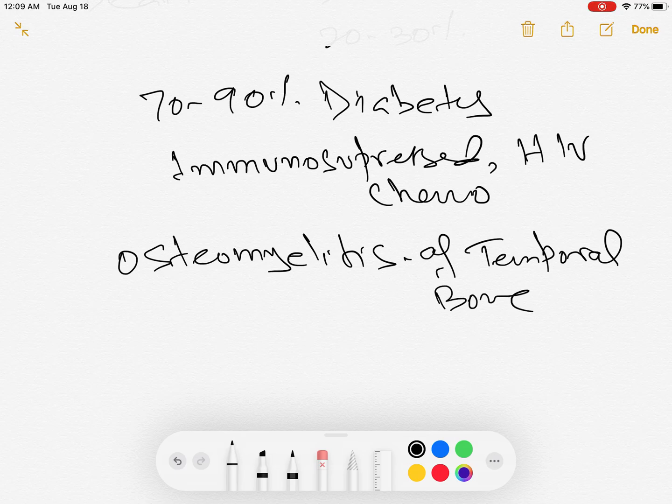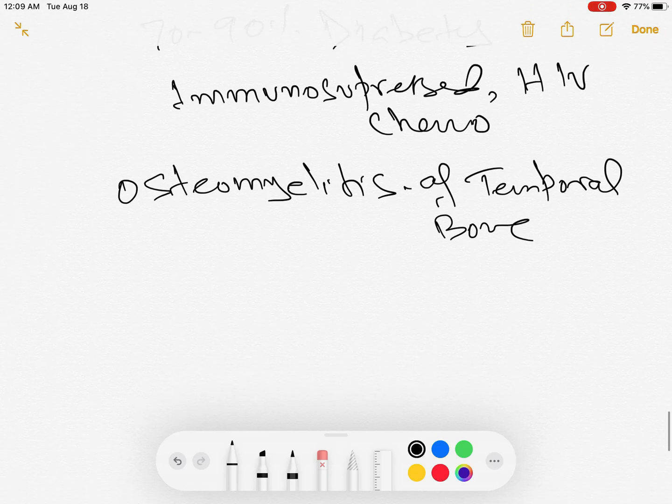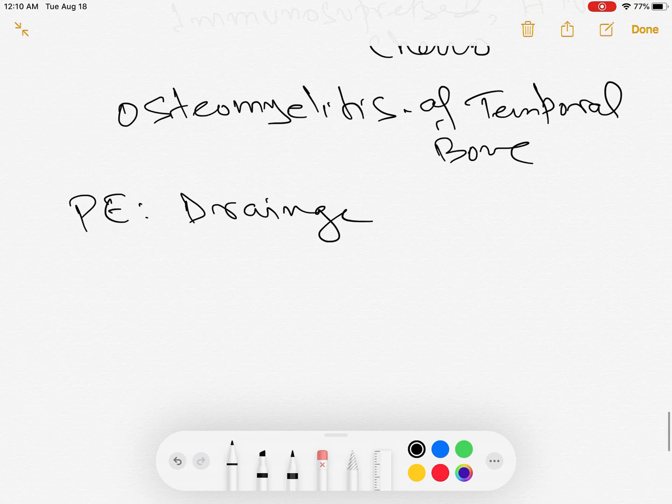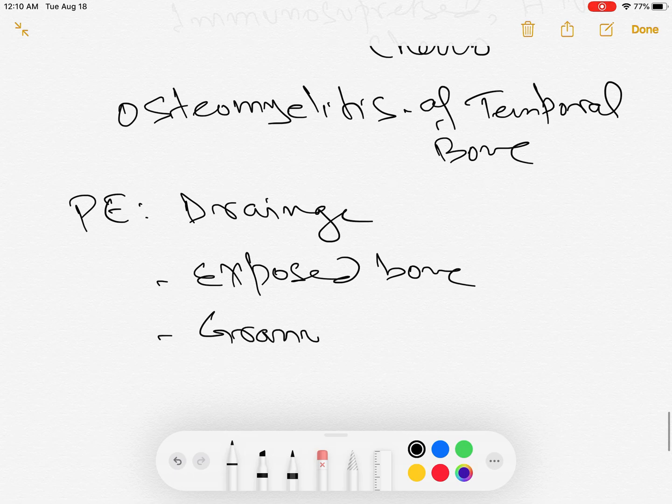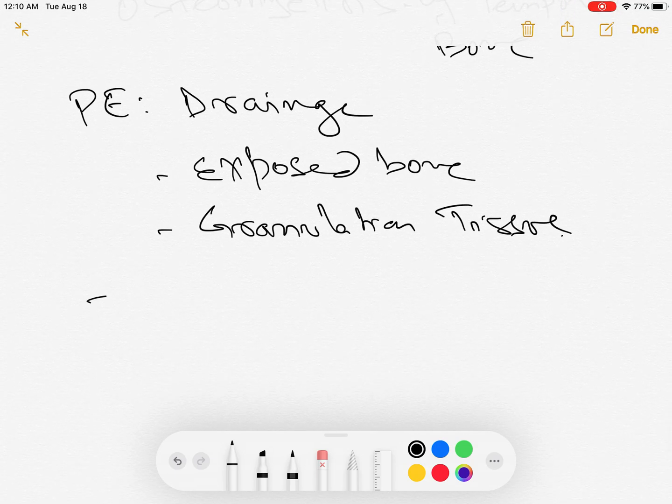So this is really bad. These patients will be sick. On the physical exam, you will notice some purulent drainage. On the otoscope, sometimes you'll see exposed bone. Sometimes you will see something called granulation tissue. These patients will need a septic workup.